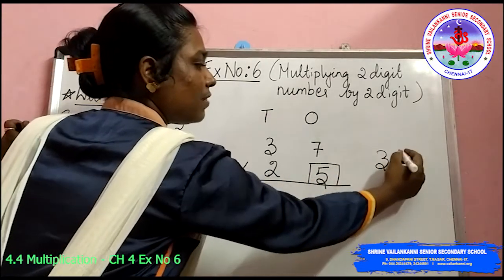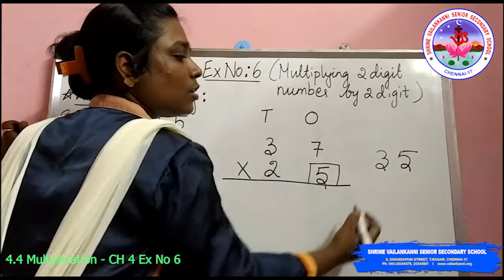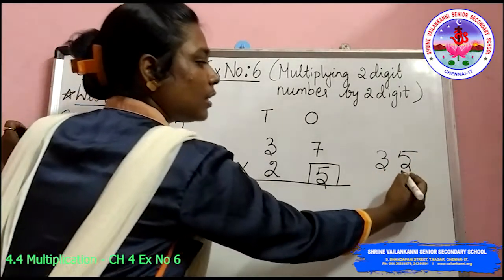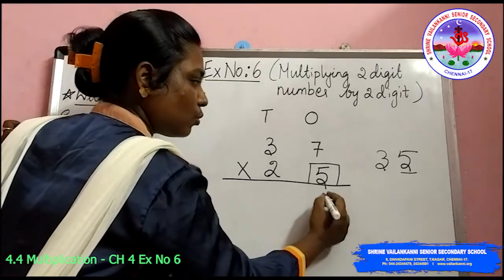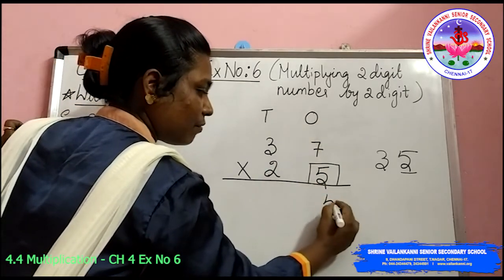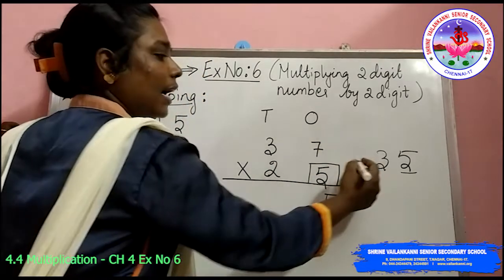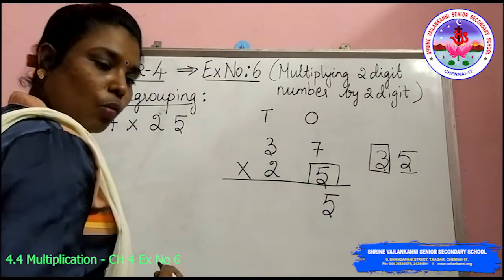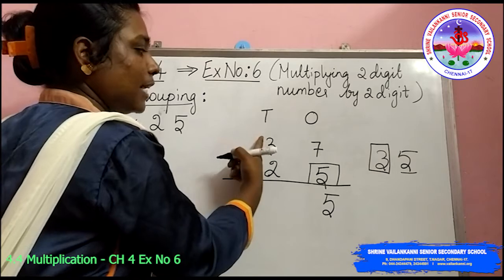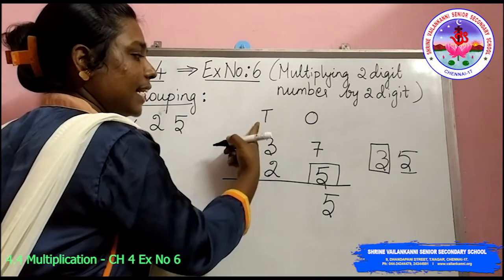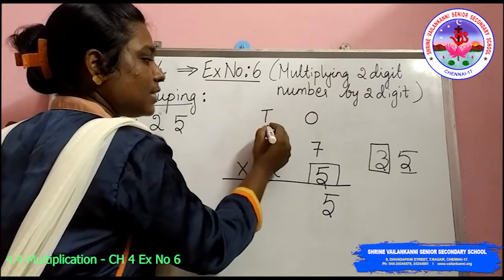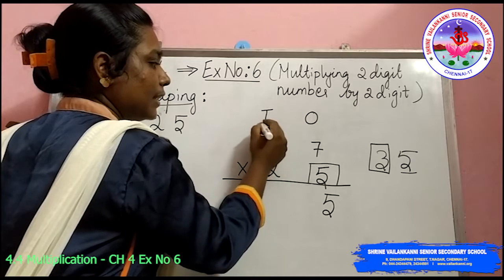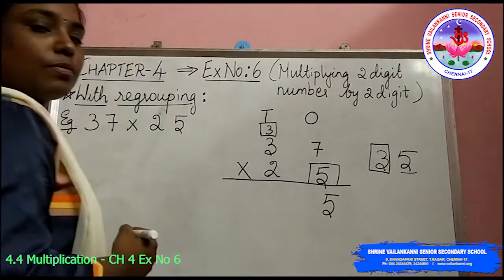Since 35 is a 2-digit number, which is the ones place value here? 5 is the ones place. So straight to the ones place I am writing 5. And this 3 in the tens place has to be carried forward to the next place value after ones, tens. Under tens, this 3 has to be written and given a box.